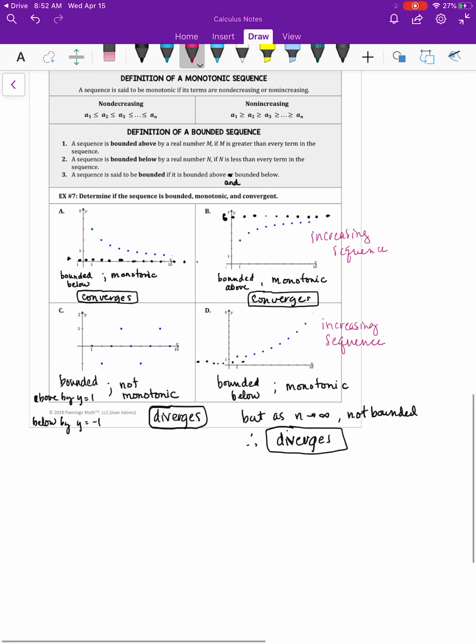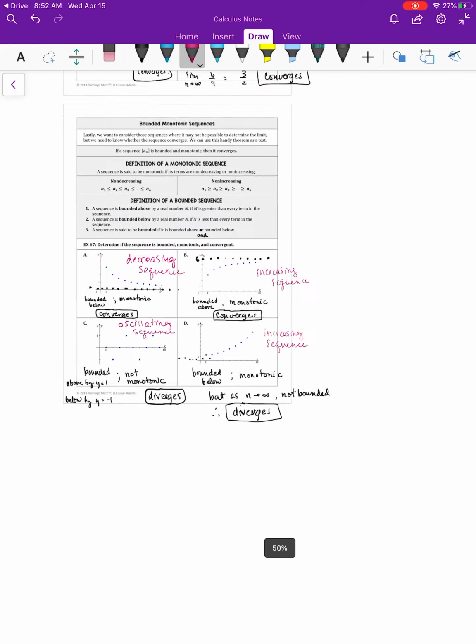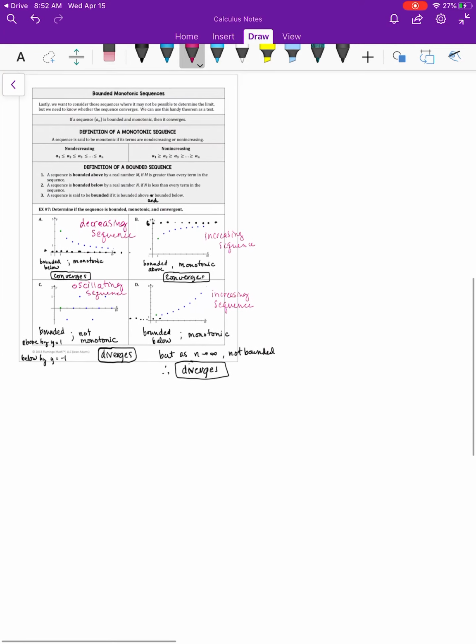This one is actually an increasing sequence also. But do you see the difference between these two? This one is not bounded, right? This one goes to infinity. This one levels off to something, but it's always increasing still. This one is a decreasing sequence. And this one is oscillating.